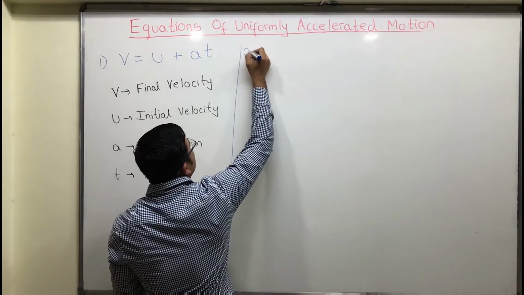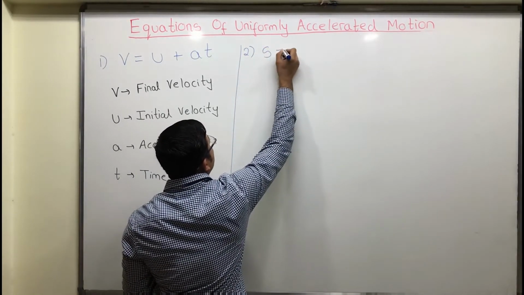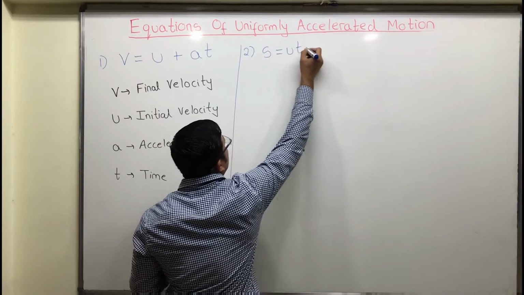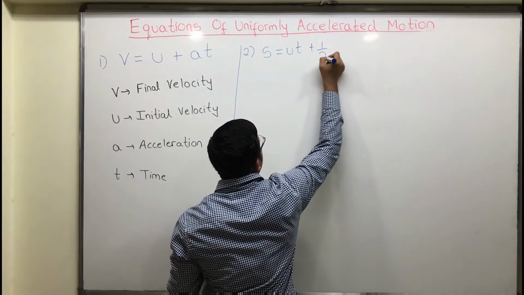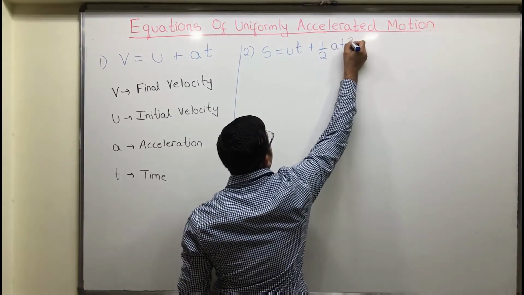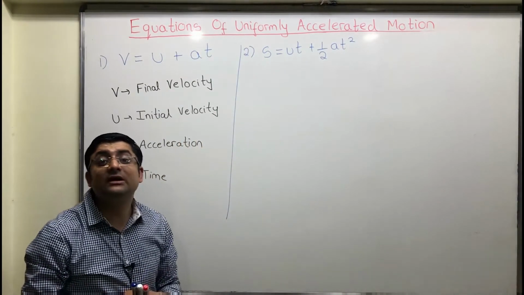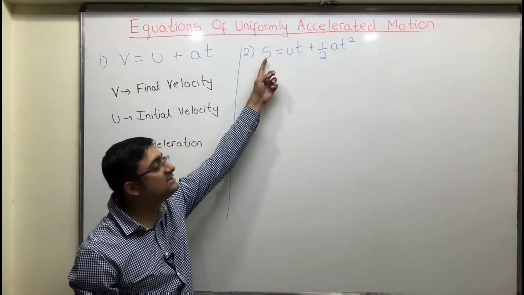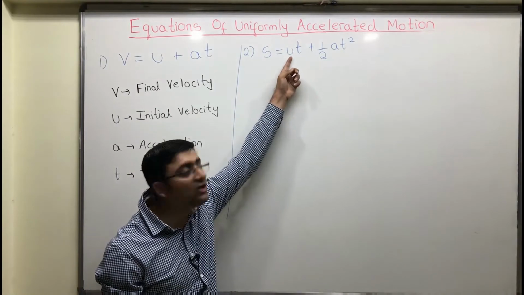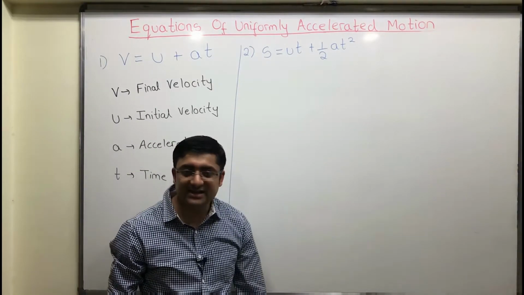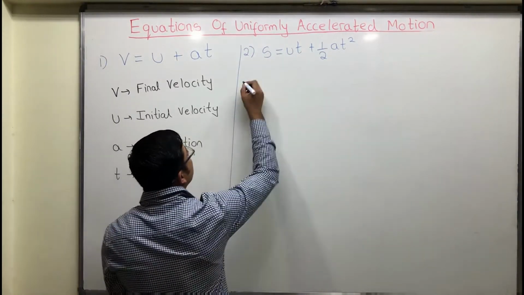So the second equation of motion is S is equal to U into T plus half AT square. Now here S stands for displacement, not speed. S is displacement, U is initial velocity, T is time and A is acceleration. So let me write it down.